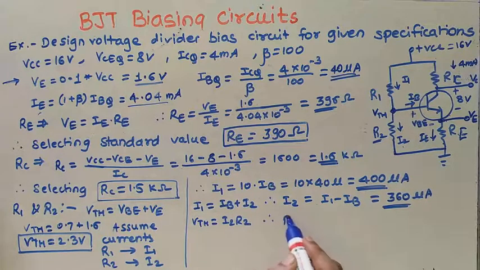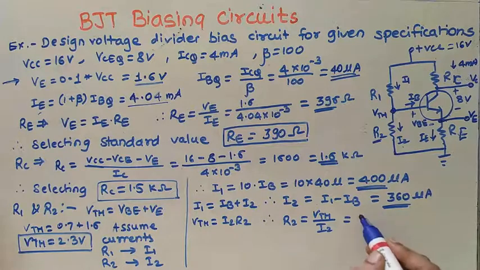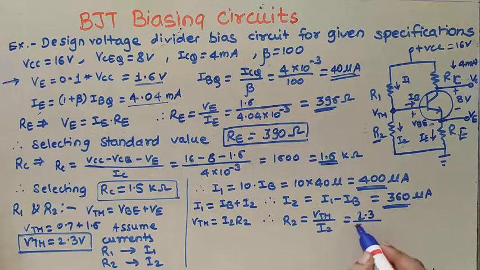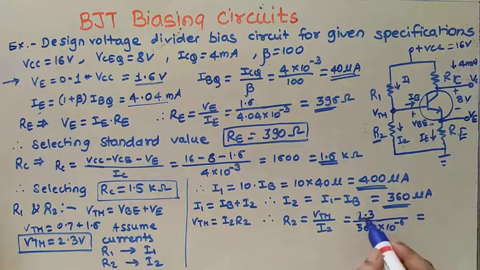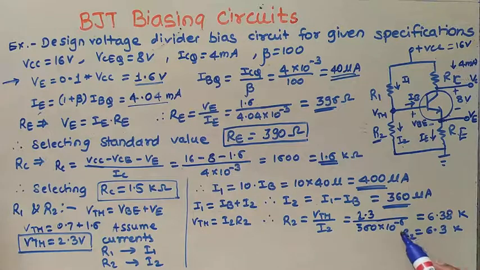Therefore R2 is equal to VTH upon I2. So VTH is 2.3 divided by I2, which is 360 into 10 raised to minus 6. So we have R2 value equals to 6.38 K. So selecting the standard value, it is 6.3 K. So R2 we are having 6.3 K.